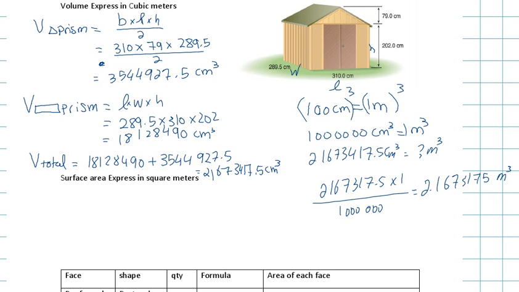I don't like it. It's the rain. 3417.5. So it's going to be 21.67. Well, now I have the whole thing here.